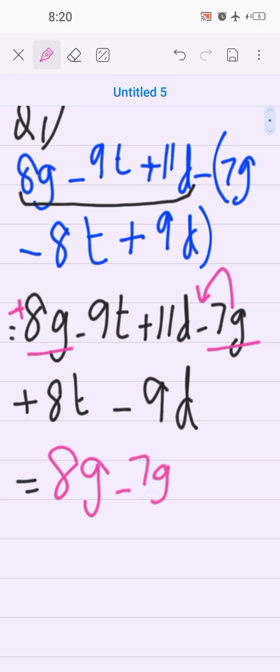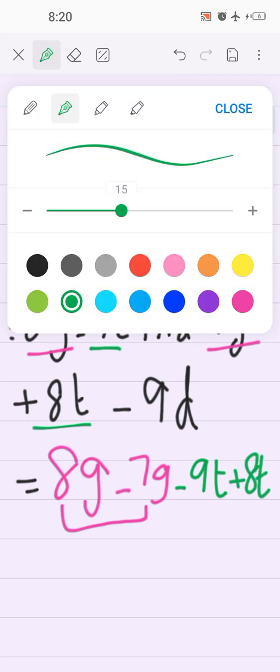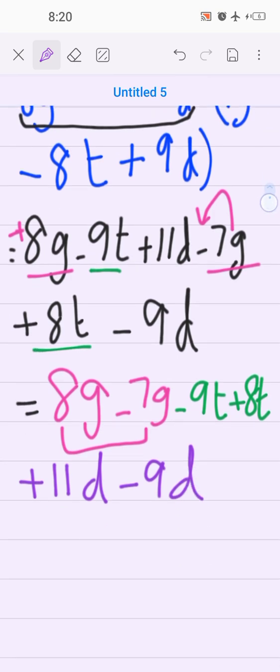Minus 7g together. And I shall take green for t's: minus 9t plus 8t. And the d's: plus 11d and minus 9d. So we have collected the like terms, same terms, okay?